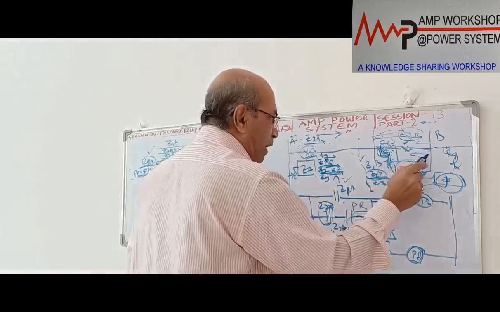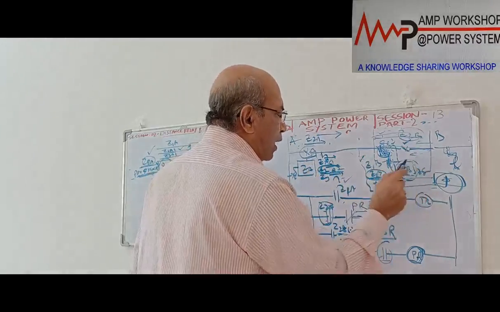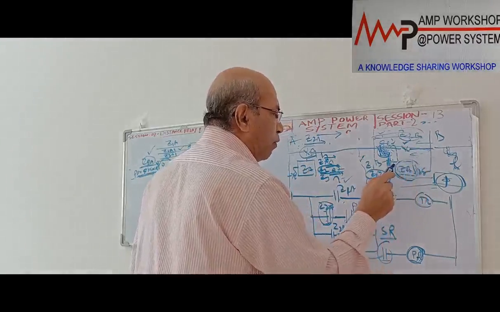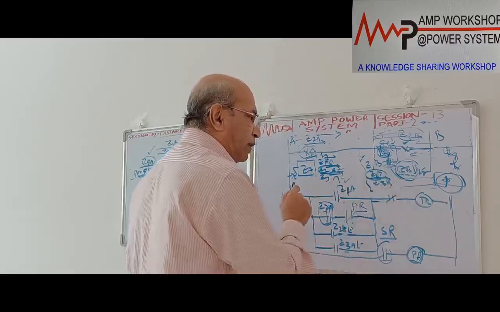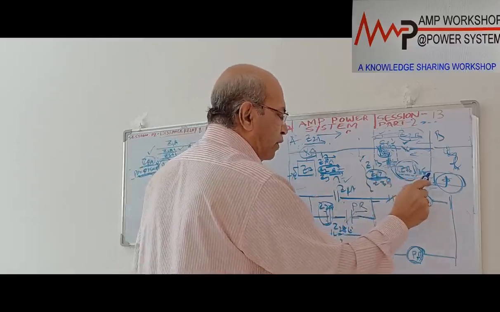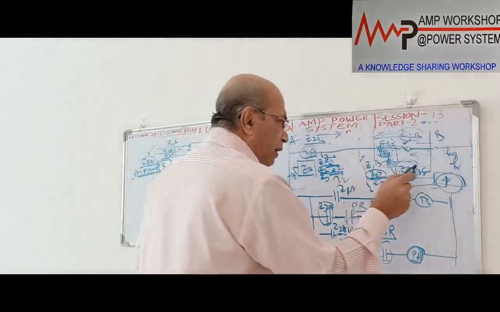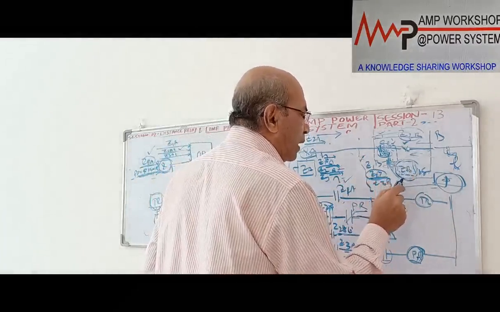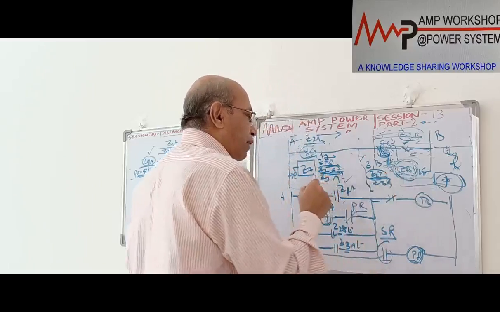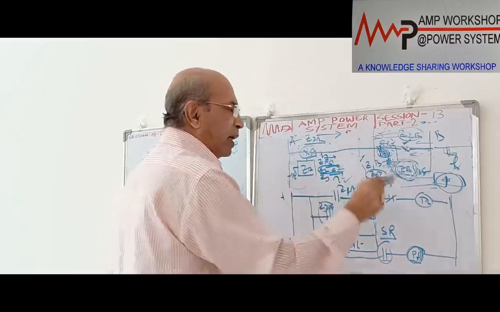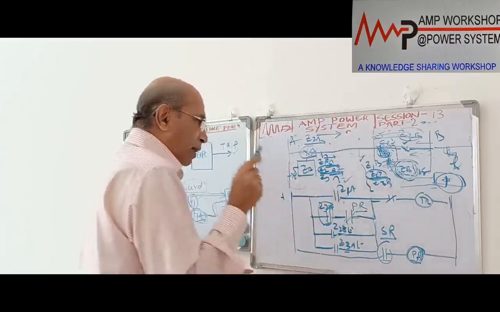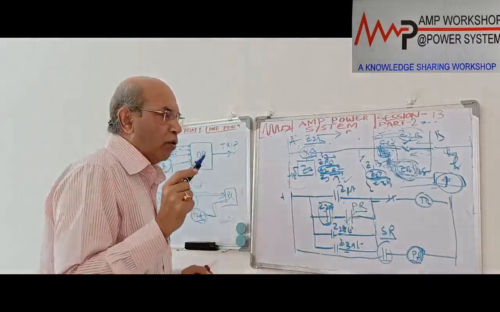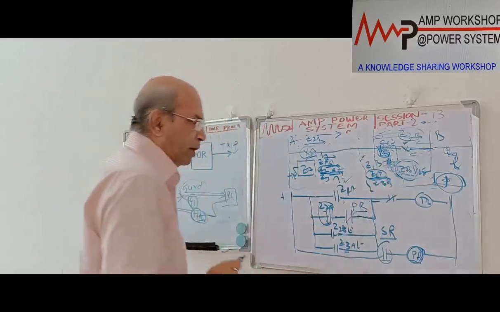If there is a communication channel between these two, from this end continuously one frequency is coming. From this end also another frequency is coming continuously. The moment this element Z2 operates, immediately that frequency is converted to the trip frequency, and the other channel carries that frequency. Now there will be no scenario where neither signal frequency is there.